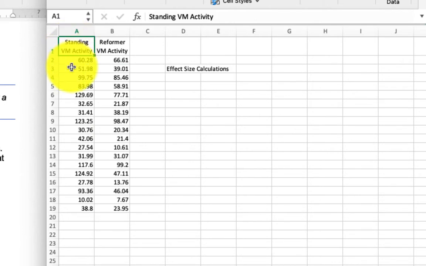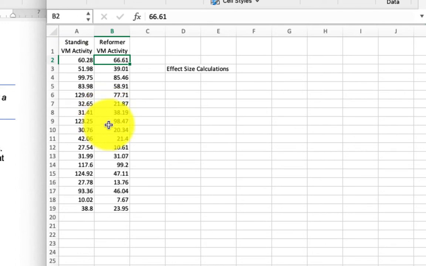Maybe we have them do a squat in standing versus a squat on a Pilates reformer. And then we measured their vastus medialis activity as a percentage of maximal voluntary isometric contraction. So all of these are actually percentages in terms of the units, which I can also add on here in your copy.